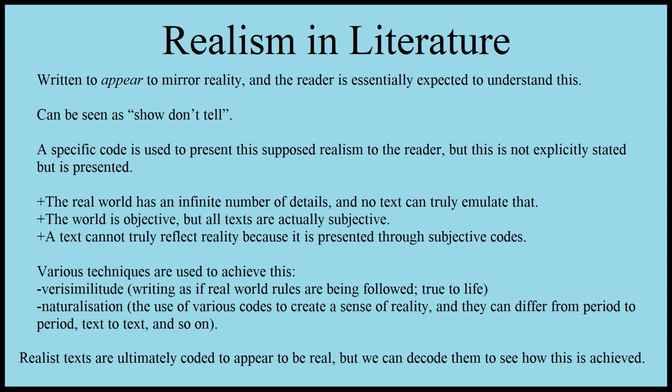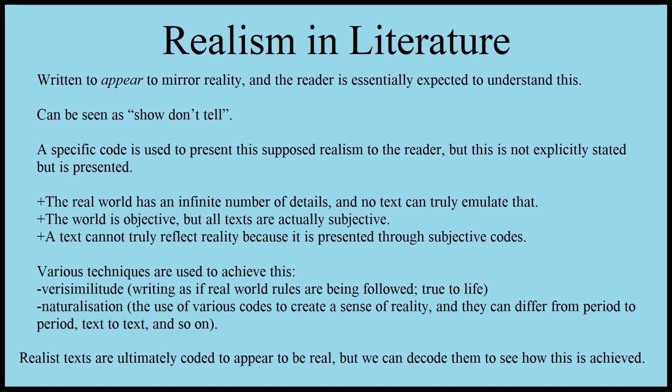So when you're reading something that is a realist text, you're essentially expected to understand that that is what the text is doing, that it is trying to mirror reality. It's basically trying to be mimetic in a sense. It's trying to imitate what is real.